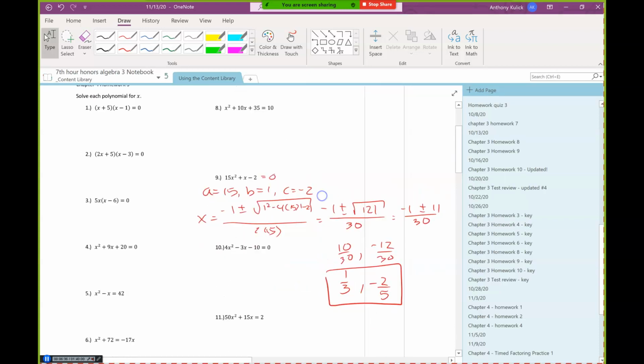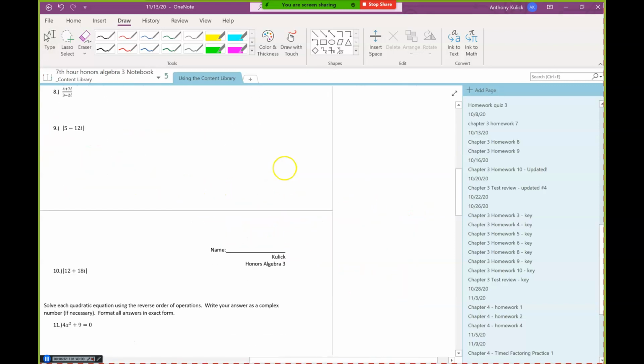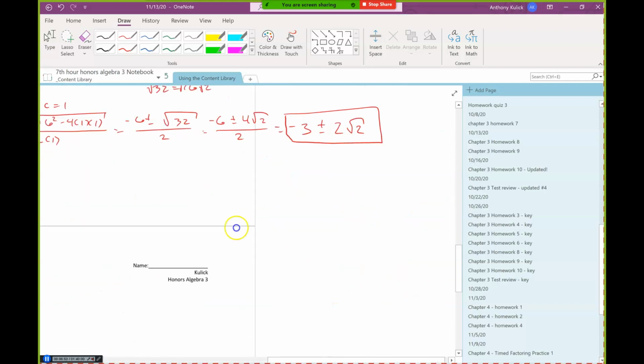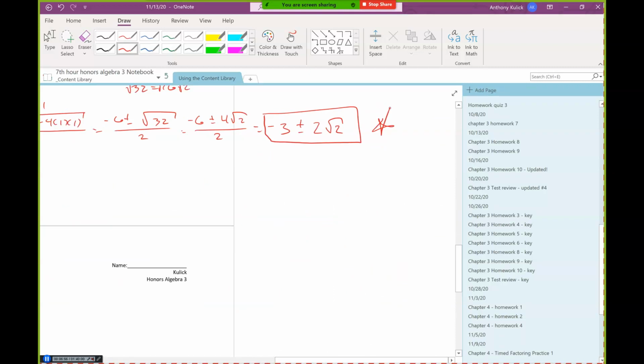Nothing stands out as obvious to me as a one answer. Of course. Oh, Luke. It's not a perfect square, but you can see the answer is that. Yeah, so you'd end up with something like we had over here for Mackenzie's question, where you'll leave the square root in there once you've simplified it the best you could.